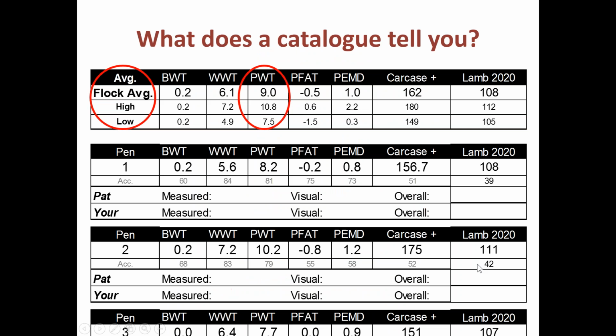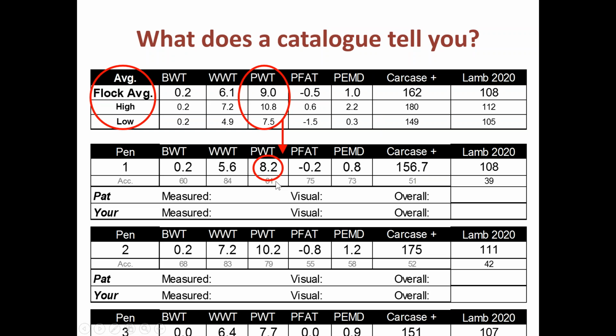So if we're looking at a sale catalogue, up the top it has something about the flock performance. The flock average in this case for post-weaning weight is 9. The highest ram in the catalogue is 10.8, the lowest 7.5. So if the first pen has a post-weaning weight of 8.2, that's somewhere around the middle or a bit below the middle of the sale group.